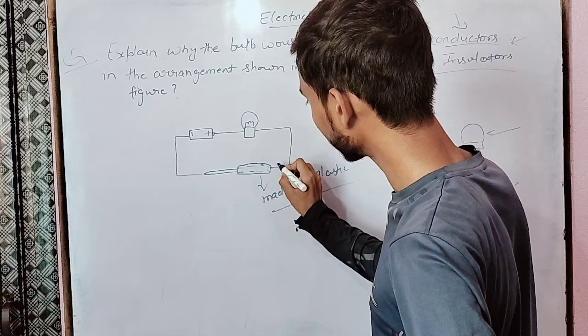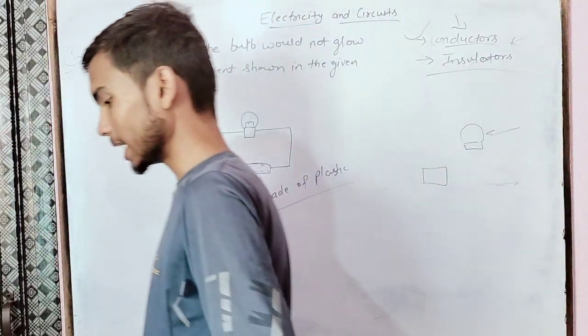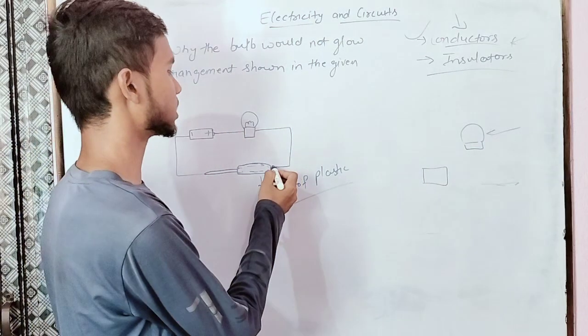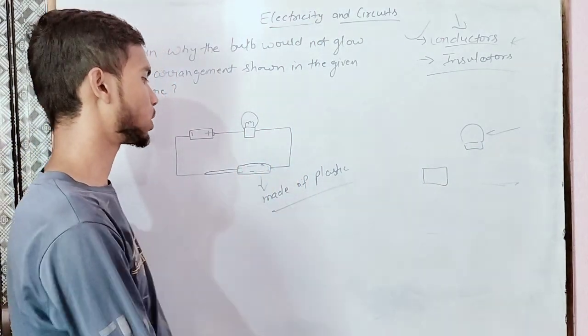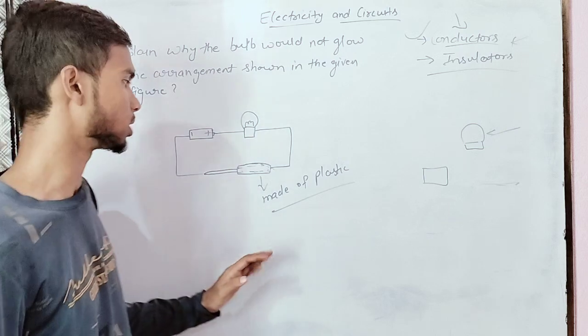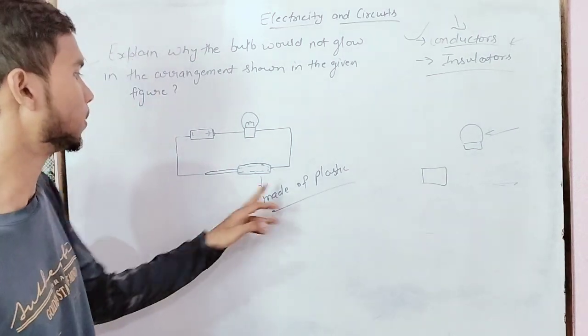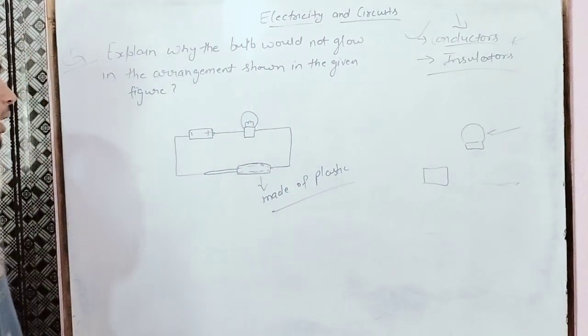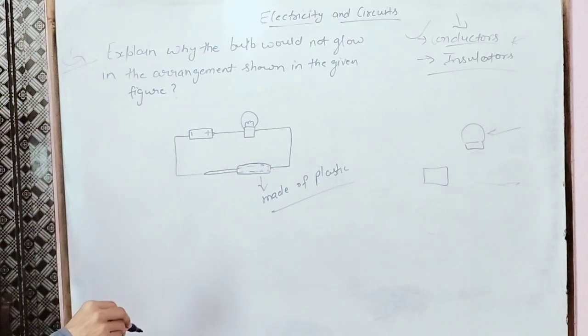So we can say this wire is connected to an insulator. One side of the wire is connected to an insulator and the second wire is connected to a conductor, which is a correct arrangement, but this arrangement of this wire is incorrect. It is connected to an insulator.